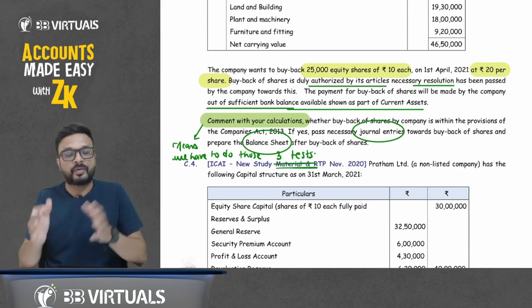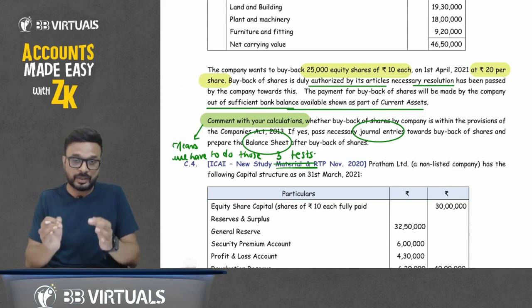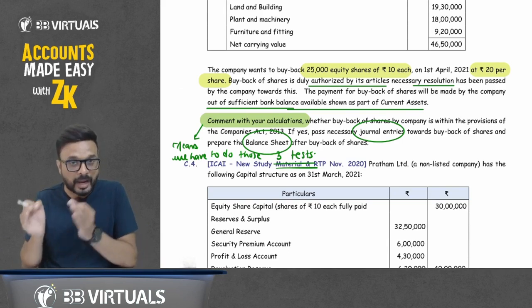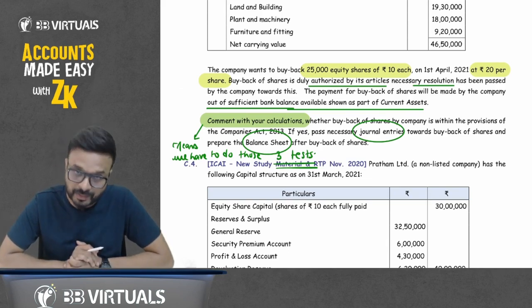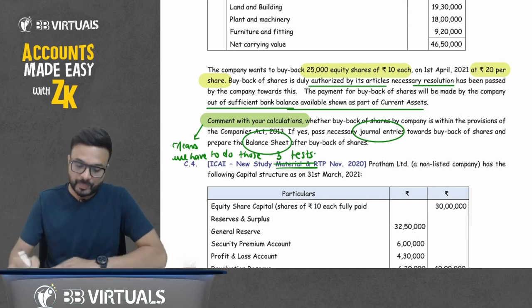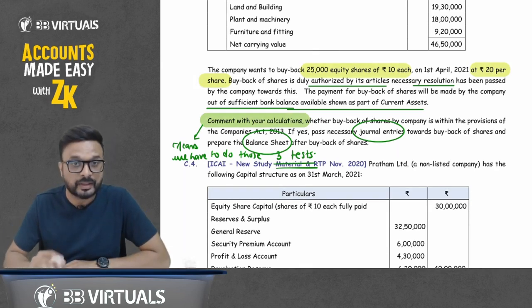So first we calculate the maximum number of shares they can buy back as per the Companies Act 2013, and then we see whether this 25,000 is within that limit.